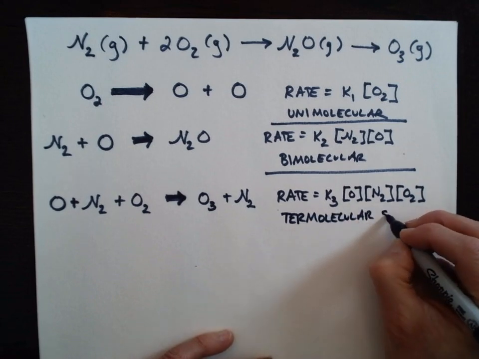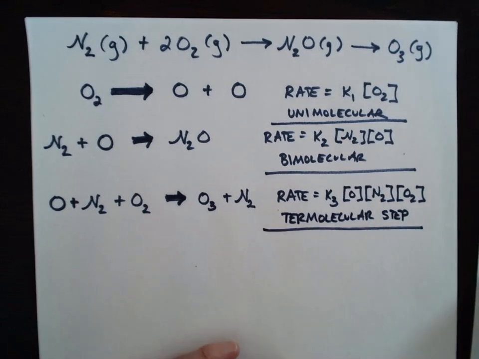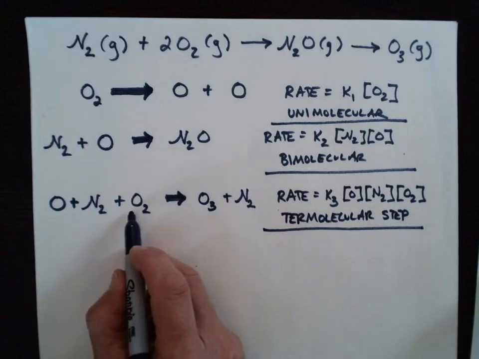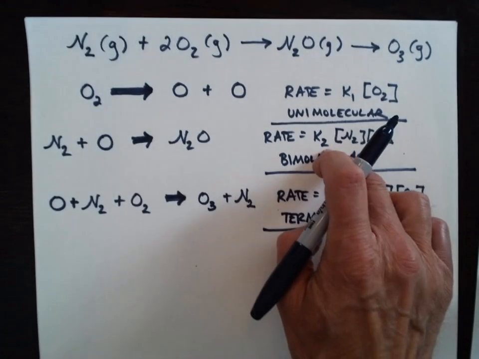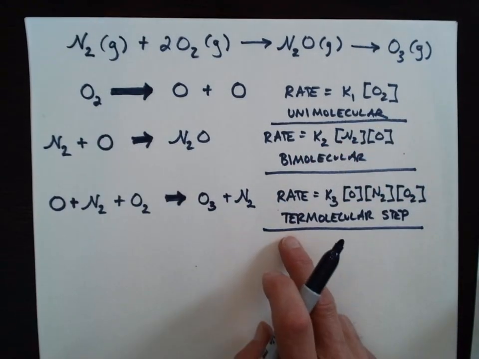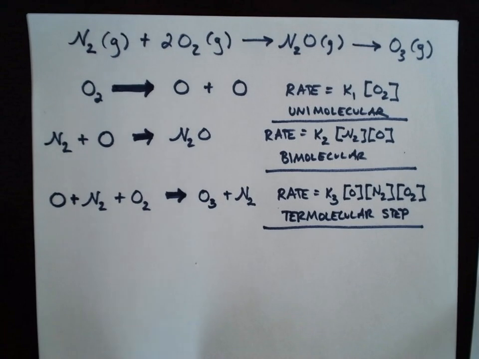step. These are very rare, just like it's very difficult to get three cars colliding simultaneously. It's tough to get three molecules colliding simultaneously. A two-car crash, that's much more likely. Again, this is occurring at the same instant. As far as we know, a tetramolecular step where four things collide has not been observed.